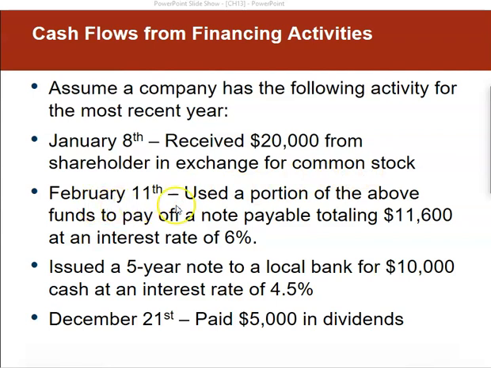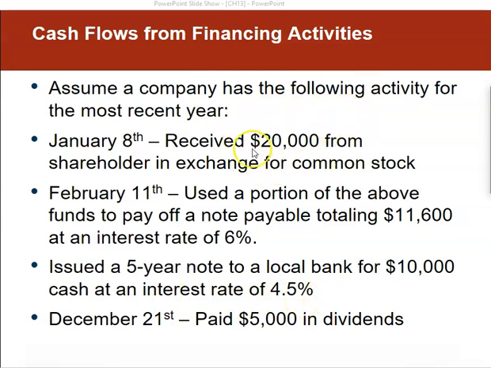On February the 11th, used a portion of the above funds to pay off a note payable totaling $11,600 at an interest rate of 6%. The interest rate doesn't matter. Then they issued, or borrowed, they issued a 5-year note to a local bank for $10,000 cash at an interest rate of 4.5%.